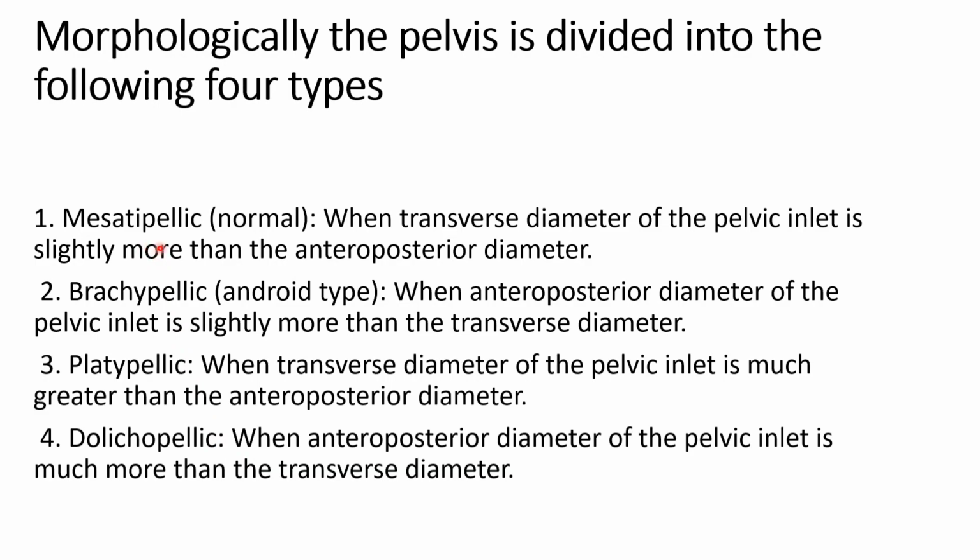In mesatipelvic pelvis, transverse diameter of pelvic inlet is slightly more than anterior posterior diameter. In brachypelvic pelvis, anterior posterior diameter is slightly more than transverse diameter. In platypelvic pelvis, transverse diameter is much greater than anterior posterior diameter. In dolichopelvic pelvis, anterior posterior diameter is much more than transverse diameter.